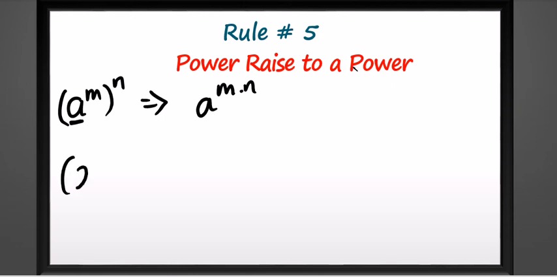Let's say you have 2 to the power 4 and then there is a 5 outside. This is power raised to a power. These two are exponents. So based on the power raised to a power law, every time you have something like that, you just multiply the exponents. So we'll do 2 to the power 4 times 5.